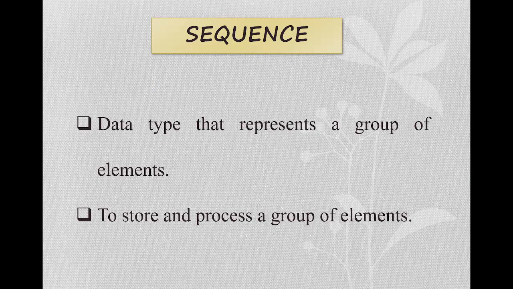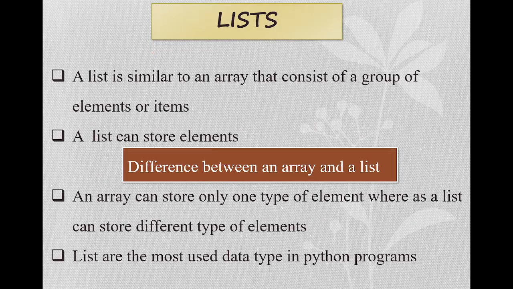A list means it is a group of elements which is stored to process the group of elements. So a list is similar to an array. In C programming, we discussed arrays like that. In Python, we use a list that consists of a group of elements or items.